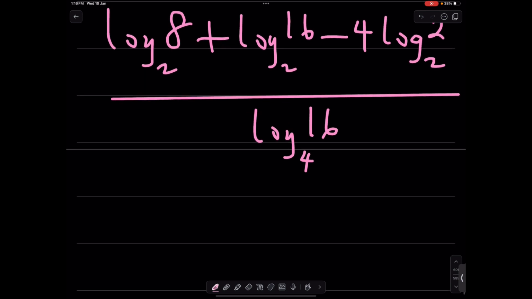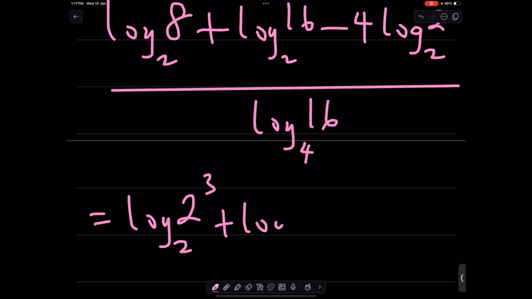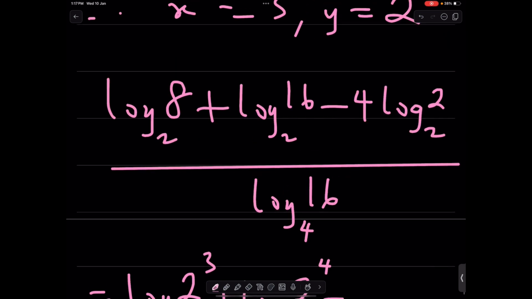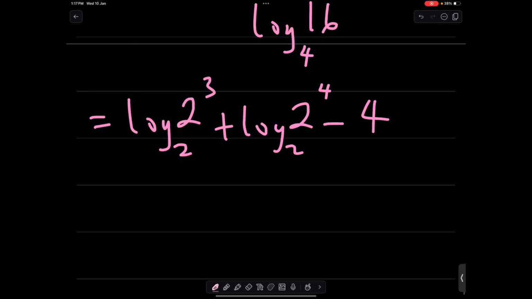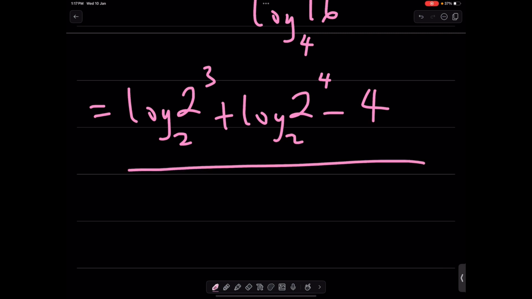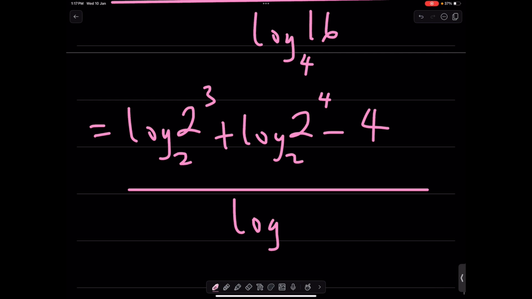Okay, that's the same as log 2 raised to power 3 base 2 plus log 2 raised to power 4 base 2 minus 4 times log 2 base 2, which is 1, so 4 minus 4, all over log 4 raised to power 2 base 4.